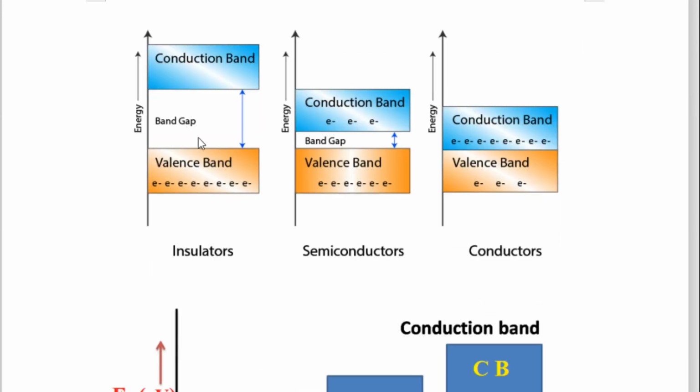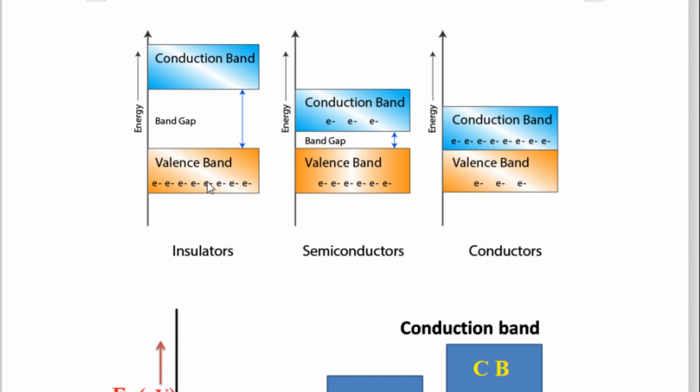And here there is one more diagram which again explains that the valence band consists of electrons. E minus means there are electrons. In every valence band there are electrons. But remember, in case of an insulator, the valence band, that is the outermost shell, is completely occupied, or fulfilled.